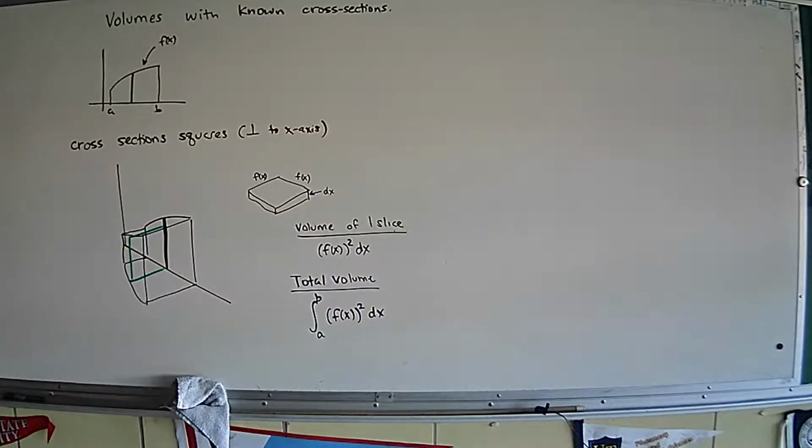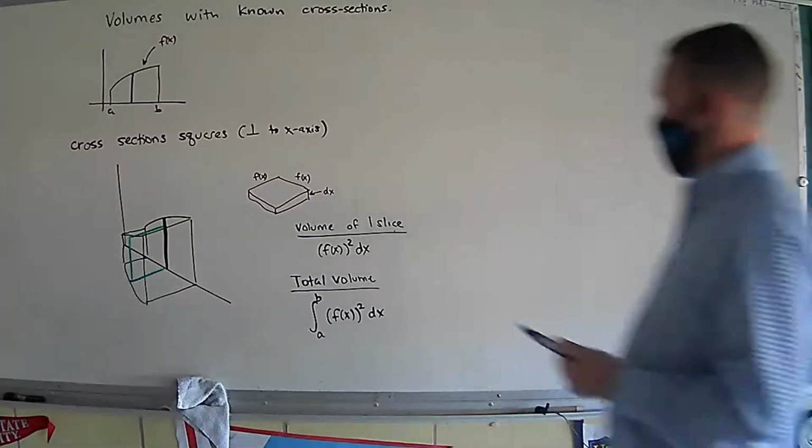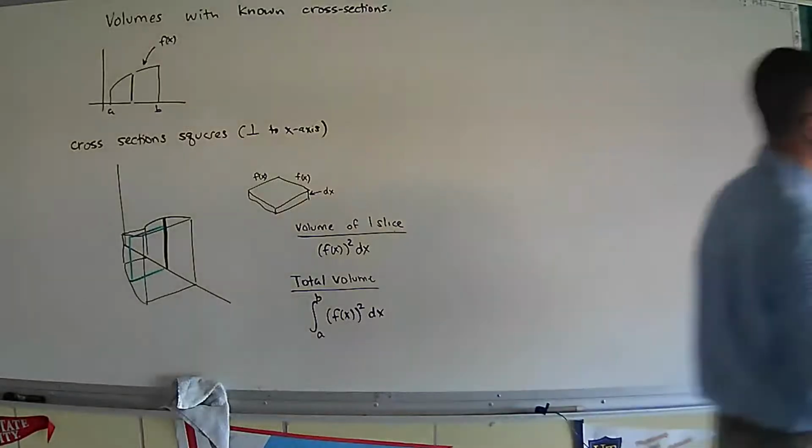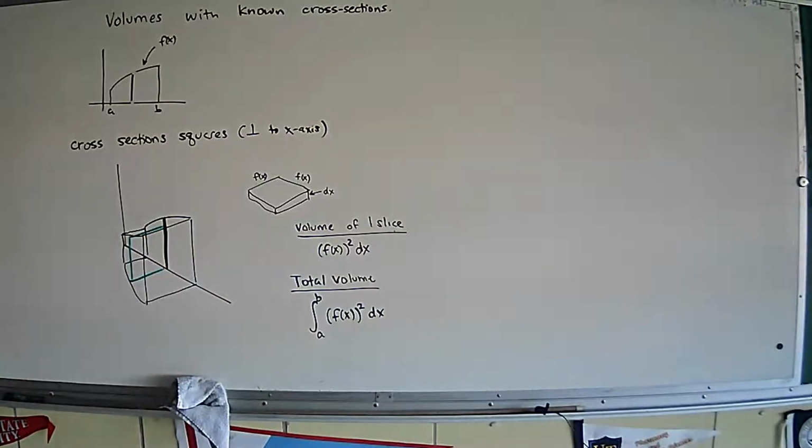So everything is going to work the same here, except that length right there. And when you have two curves, what's that length right there? If the two curves are called, say, f and g. F minus g, right? Okay?